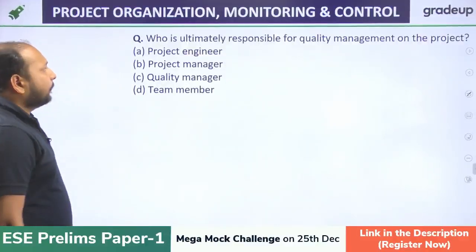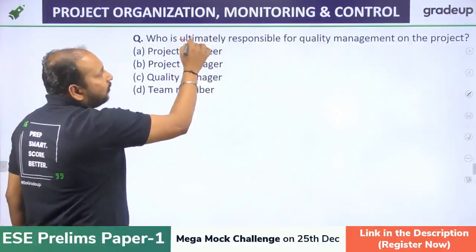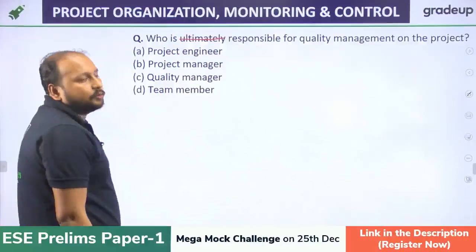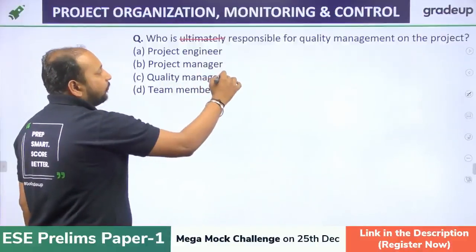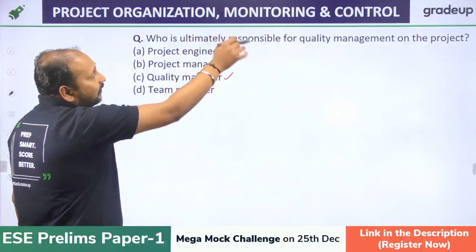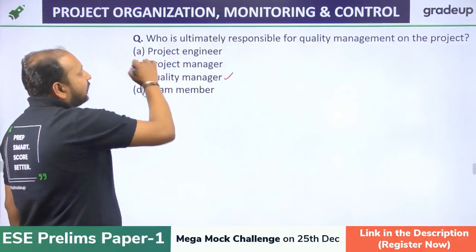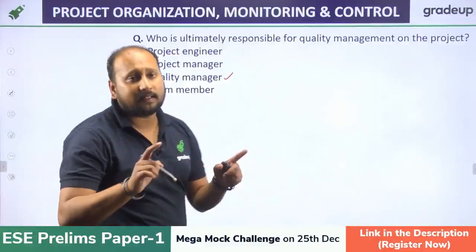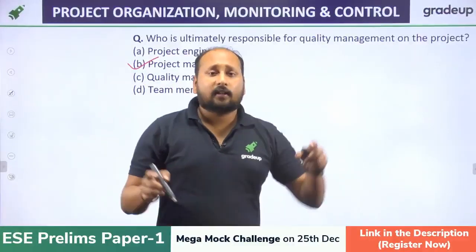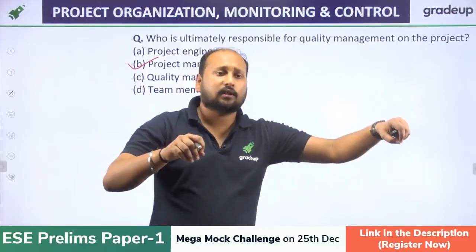Look, if the statement says who is responsible for the quality management of the project, in that case your answer should be quality manager. But they specifically said who is ultimately responsible for the quality management of the project. That is basically the project manager, because the project manager looks after the quality, the finance, the construction, and the execution engineers also.